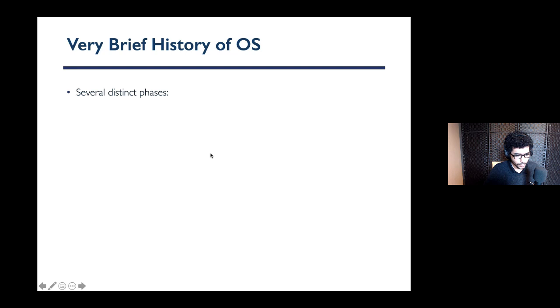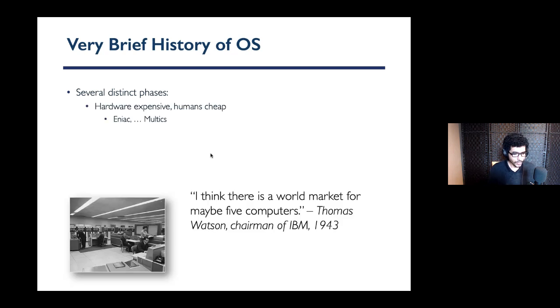If you look at the operating system design, there have been several distinct phases. At the beginning, you had really expensive hardware, and human beings, meaning programmers, were cheap.